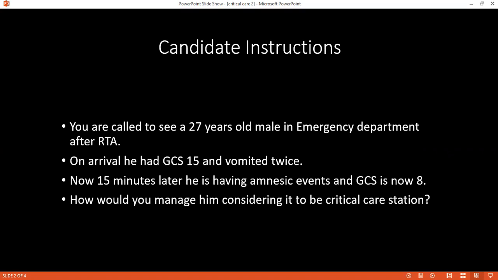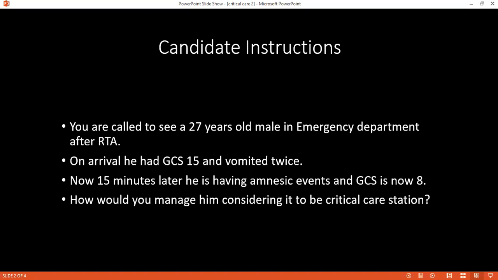So the airway is patent. If not, I will look for any injury or any foreign body, and listen for the airflow and feel the airflow in my cheek. I will do a jaw thrust.